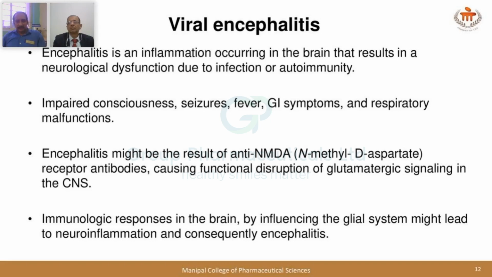And thus the microglial system results in a cytokine storm: microglia release cytokines in the brain, which result in neuroinflammation, and subsequently in encephalitis. So the mechanism through which SARS-CoV-2 produces encephalitis is through neuroinflammatory mechanisms, through the microglial cells.